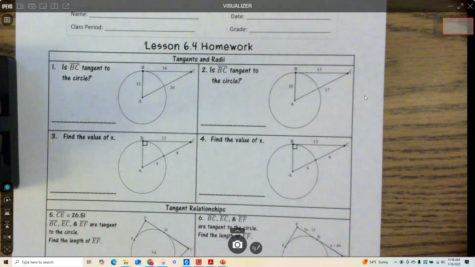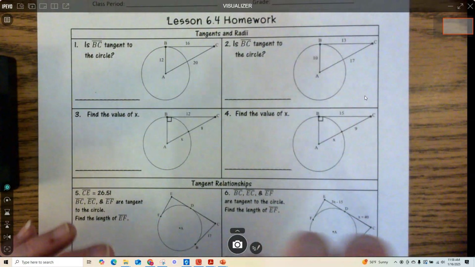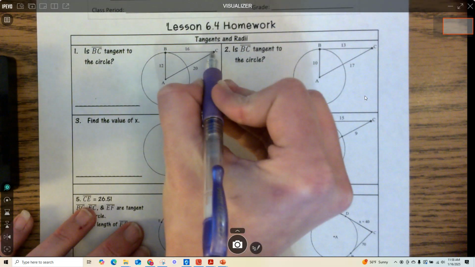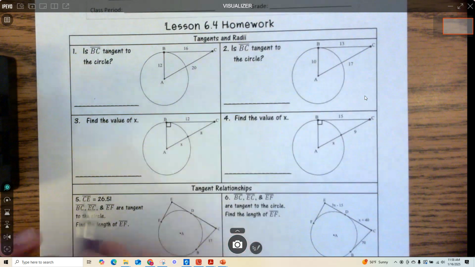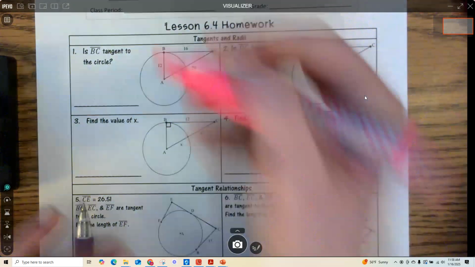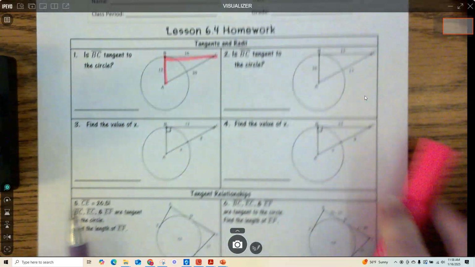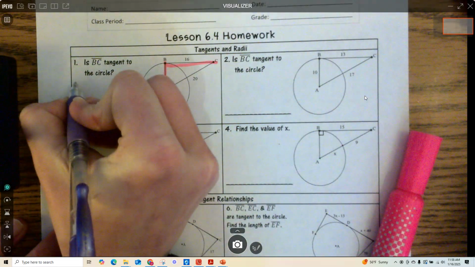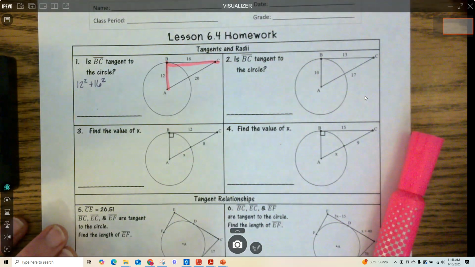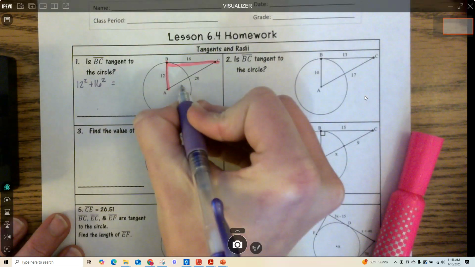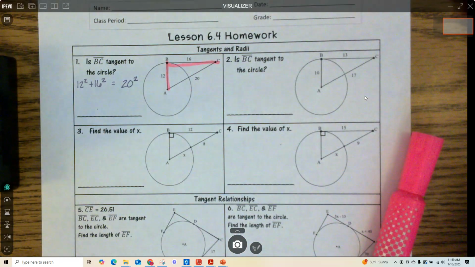Okay, so let's start with the tangent and the radius. To determine if a line is tangent, this wants to know if BC is tangent. What we do is decide if it's a right triangle. We can take the legs of the right triangle, here and here, and plug those into Pythagorean. So 12 squared plus 16 squared should be equal to the hypotenuse, 20 squared.